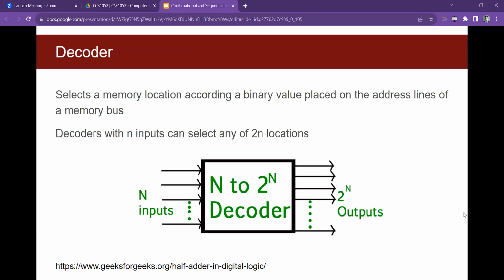So next one is the decoder. As mentioned here, it selects the memory location according to the binary value placed on the address line in the memory bus.